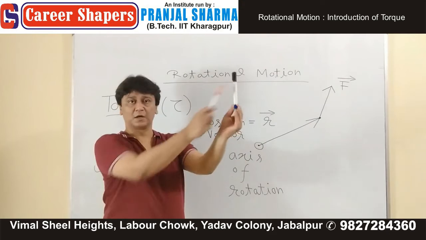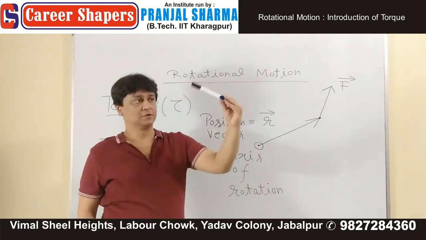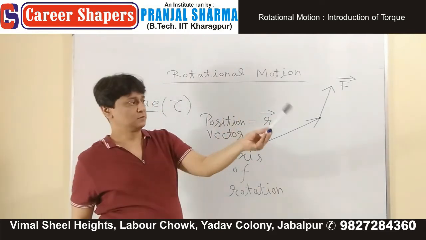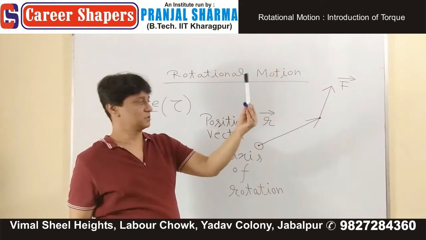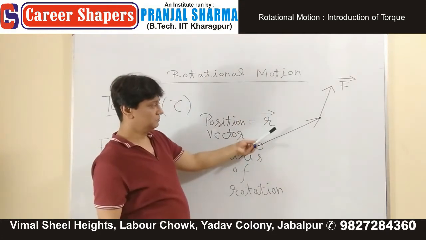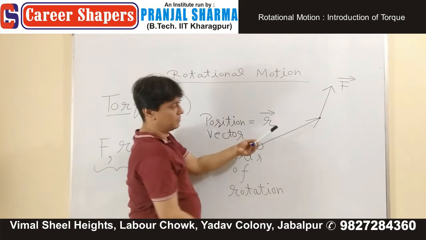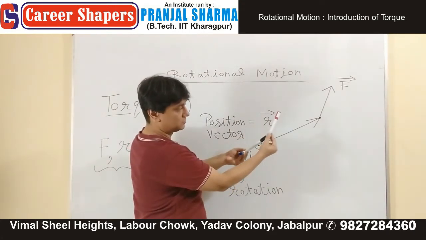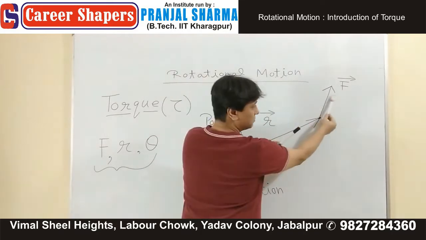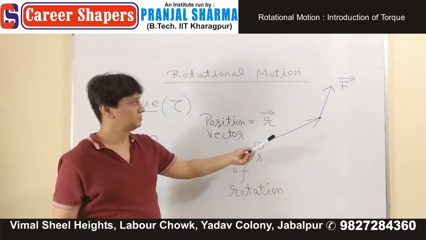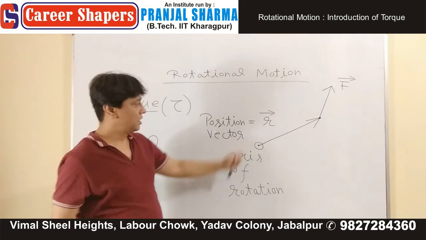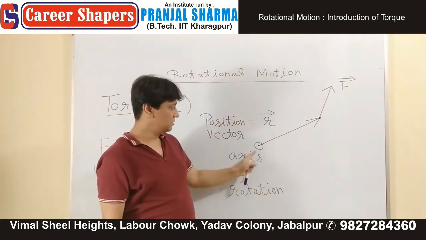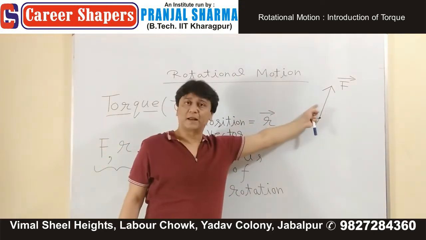So the black marker is going to rotate like this. This is the axis, this is the rotation about the axis. Right here, we have a force acting on the marker. This force is shown with this arrow. R, position vector, axis of rotation, direction of force.